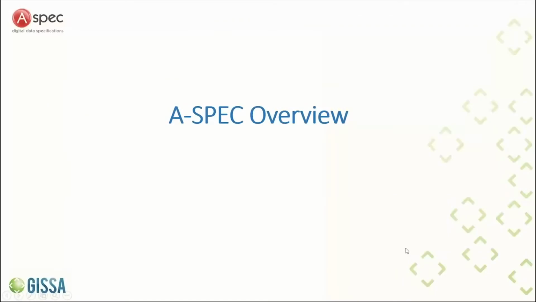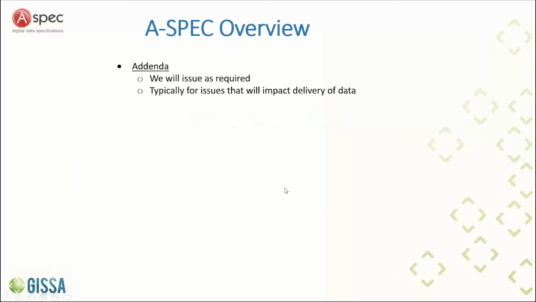So, the A-SPEC overview. We often cover addenda, and the purpose of that is to pick up items that were left off during the creation of the specifications that would make a difference to the specification.